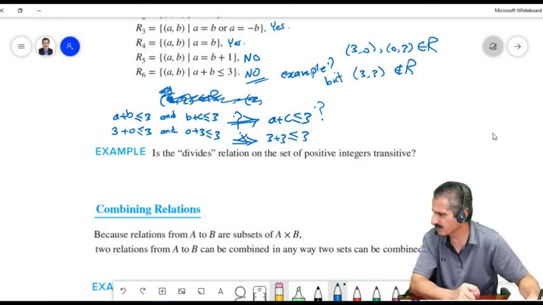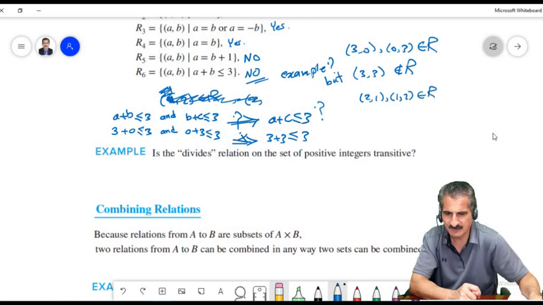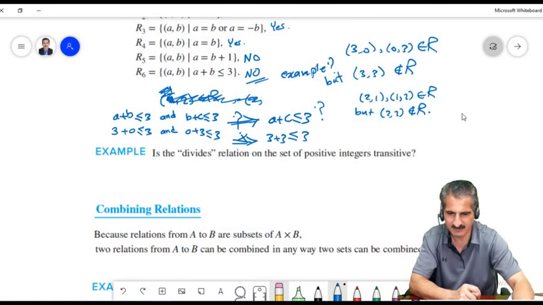Okay, great. And now 2, 1 and 1, 2 and 2, 2 again. Yes, this is another example. 2, 1 and 1, 2 belong to R, but 2, 2 does not belong to R. So when we think in a hurry, then we cannot think.